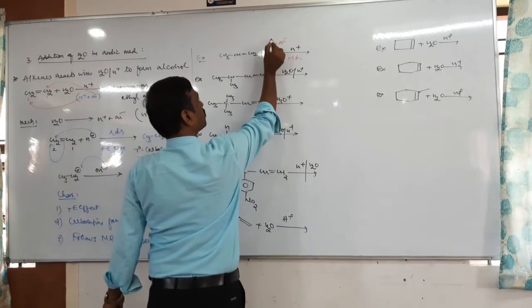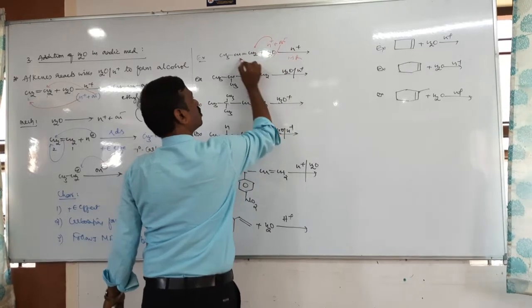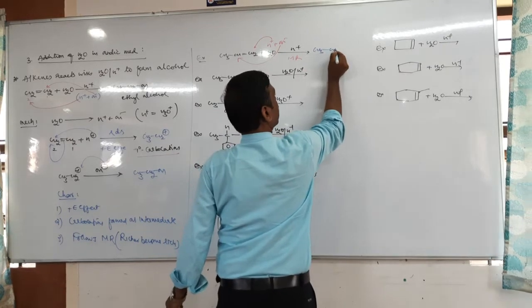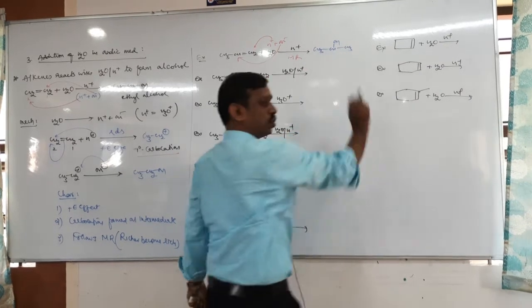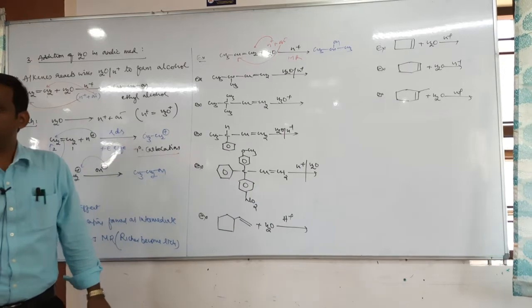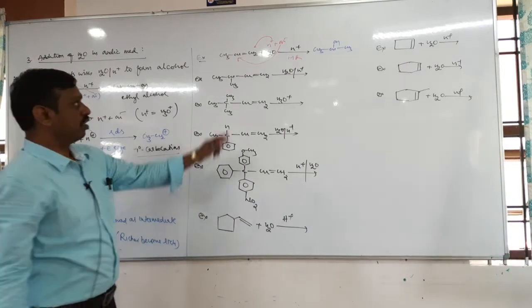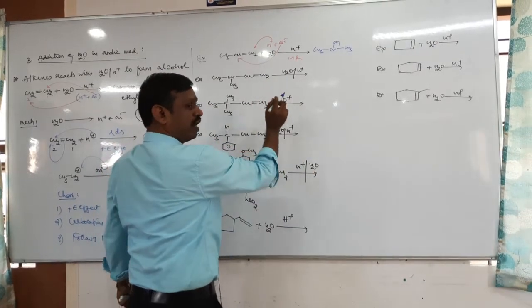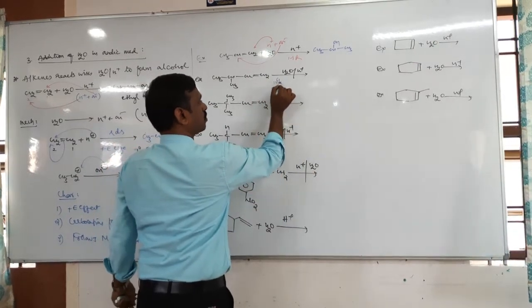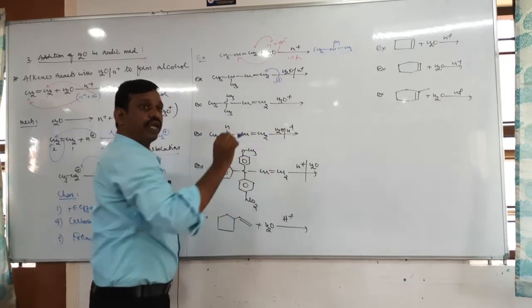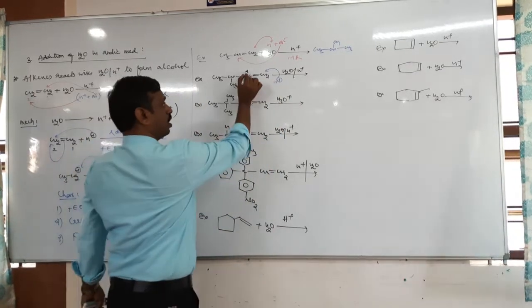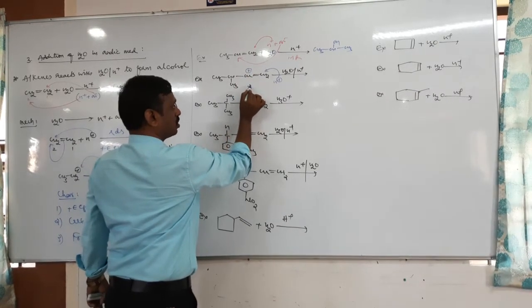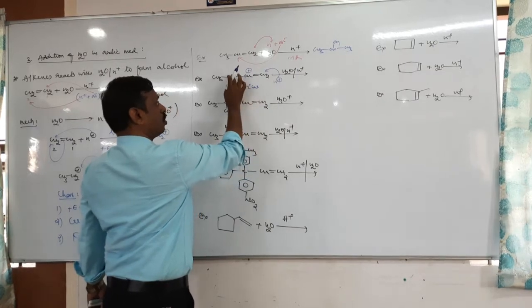H+ is added on the first carbon, OH on the second carbon. So therefore the product is propan-2-ol, according to the Markovnikov rule. Richer become richer. Next, in this example, where should H+ be added? On the first carbon. Then where do you get the carbocation? On the second carbon. The carbocation formed on the second carbon is a secondary carbocation, so it undergoes rearrangement.